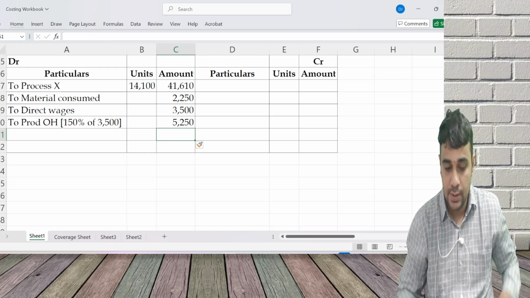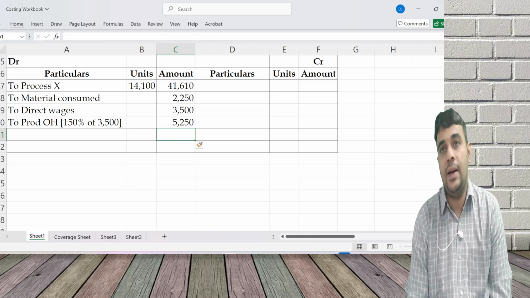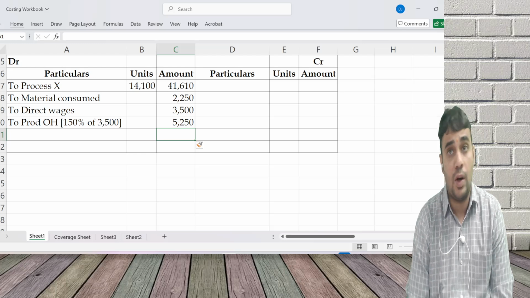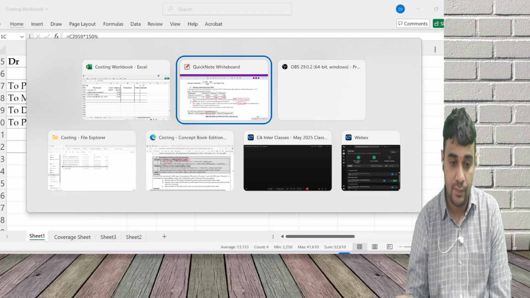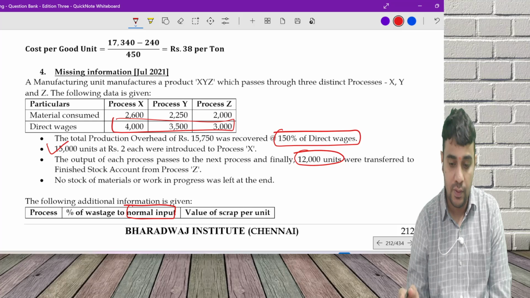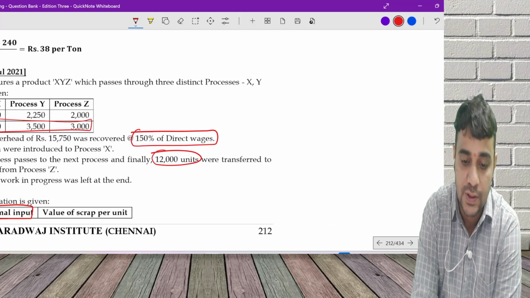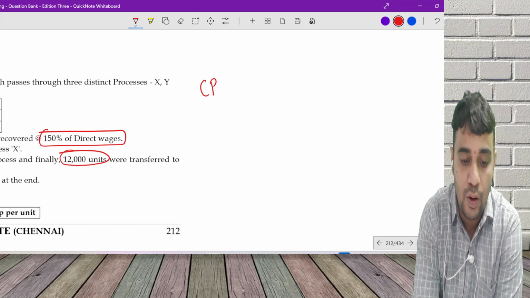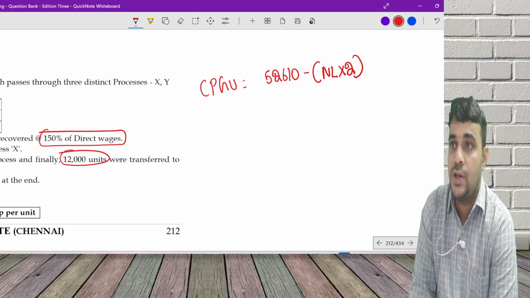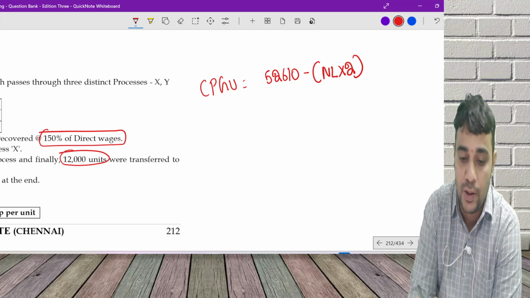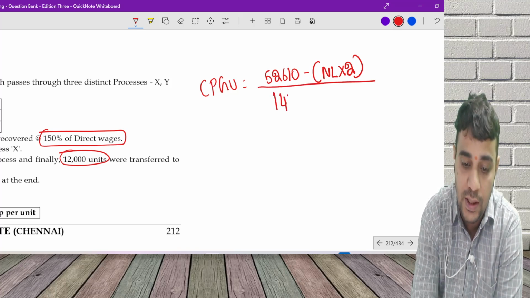Can you proceed? Now, on the credit side I have to write by normal loss. Unfortunately, I don't know the normal loss units. Can you tell me the total of this debit side? 52,610. Now listen. Cost per good unit is equal to 52,610 minus normal loss into 2 (the sale value of normal loss), divided by 14,100 minus normal loss.